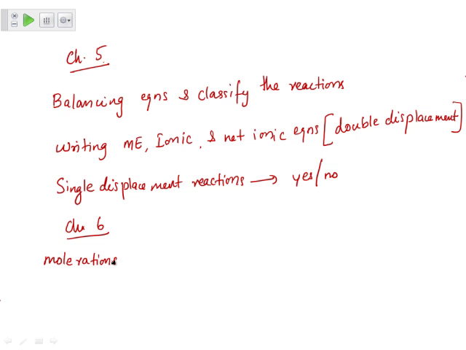I'm sorry to make the statement, I don't trust your balancing skills yet. If I give you an unbalanced equation, ask you to balance it and then do the problem, and if you have gone wrong in balancing, therefore the entire problem goes wrong. So just to avoid that, I'm going to give you a balanced equation in chapter 6 problems, okay?